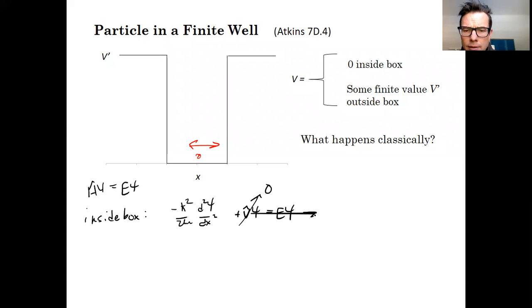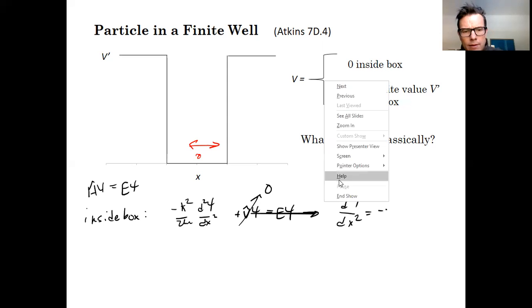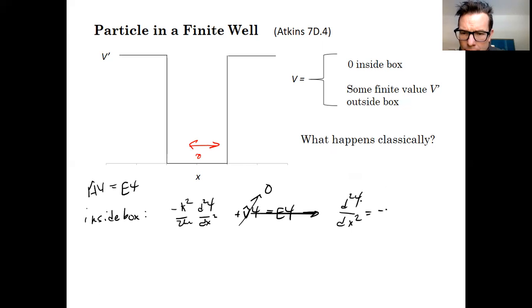And I can write this problem as follows: d squared psi dx squared equals negative 2mE on h bar squared psi. Okay, I hope this looks familiar to you. Inside the box, the potential is 0, and this is essentially the classic particle in a box problem.